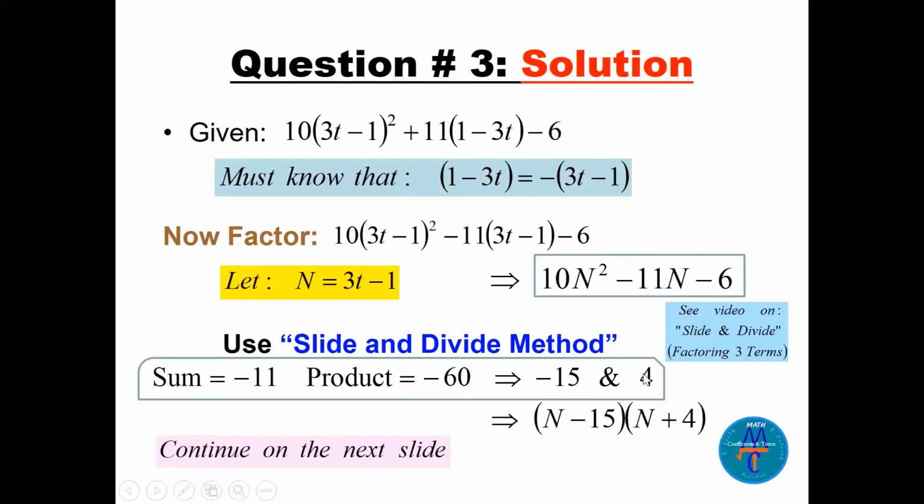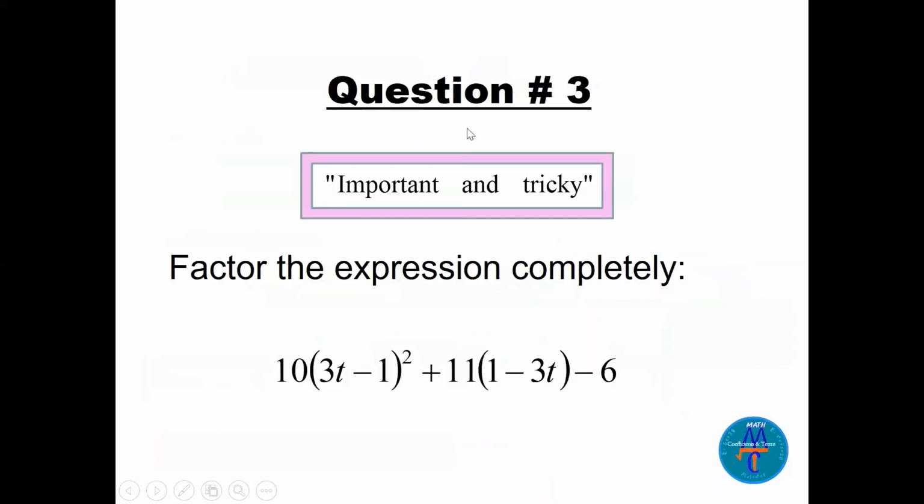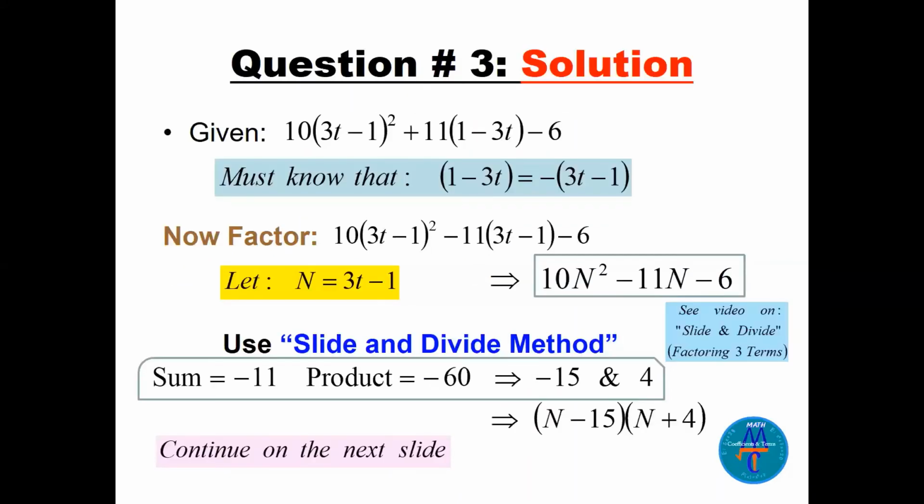Try to add: minus 15 and 4 is minus 11. Multiply, minus times plus becomes minus 60. Now I go for the n, remember. But I need the final answer in t. Look at the question, the question has t. So I cannot leave the answer in n. Okay, now, n minus 15, n plus 4.